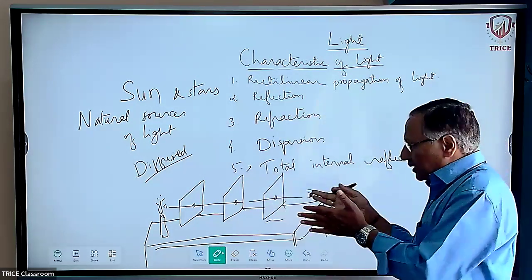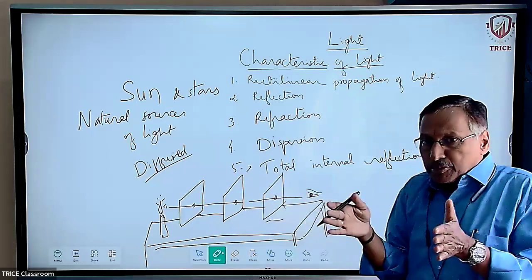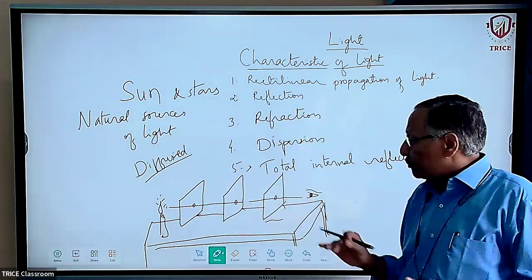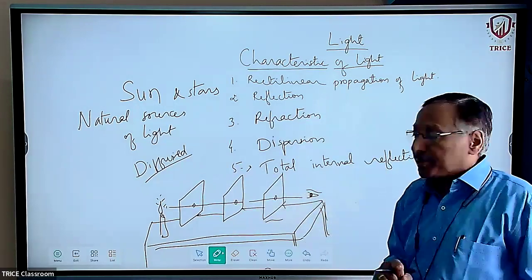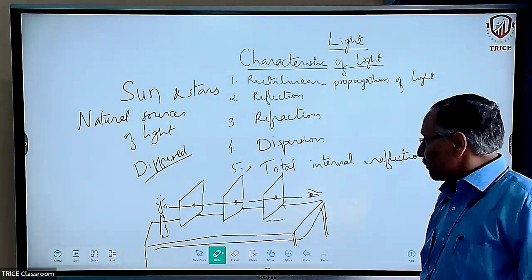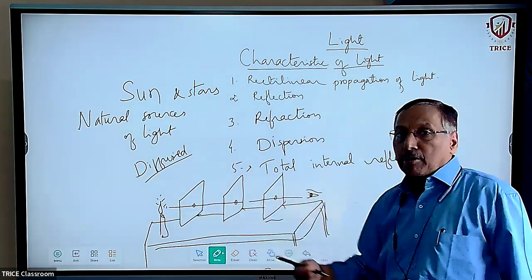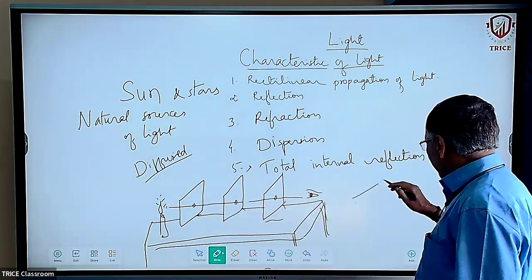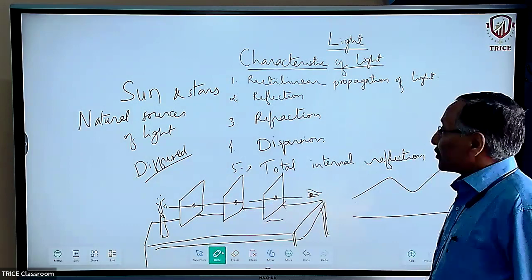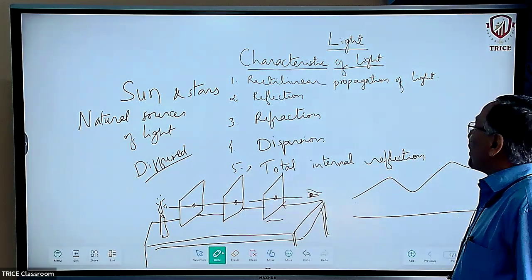Again, if you keep them in the original position, so that all the three holes again come in one line, then you will be able to see this candle flame. So light doesn't travel like this; it always travels straight. This is called rectilinear propagation of light.